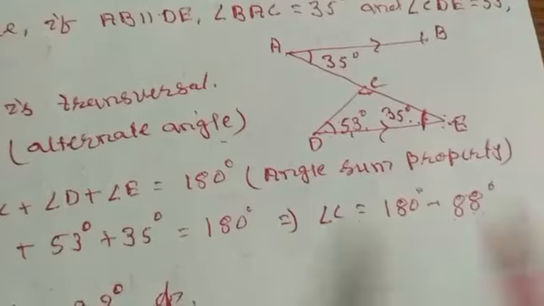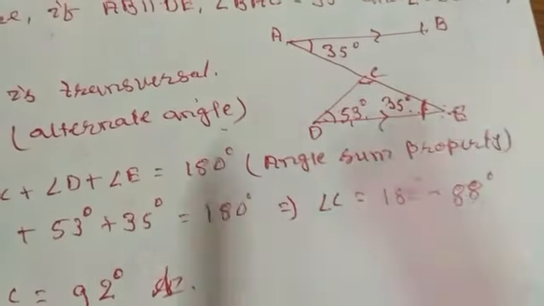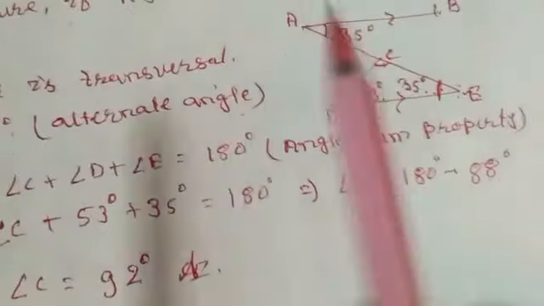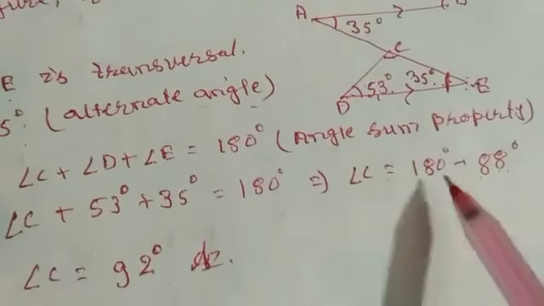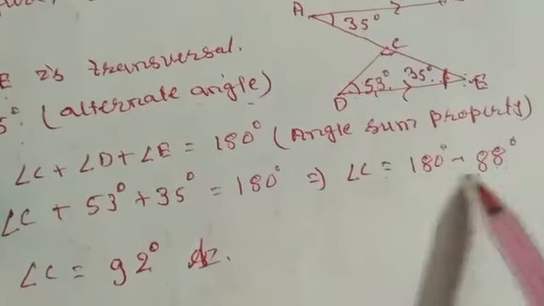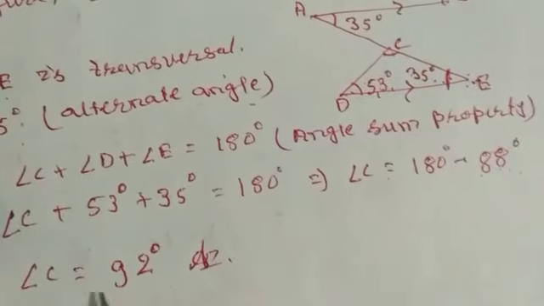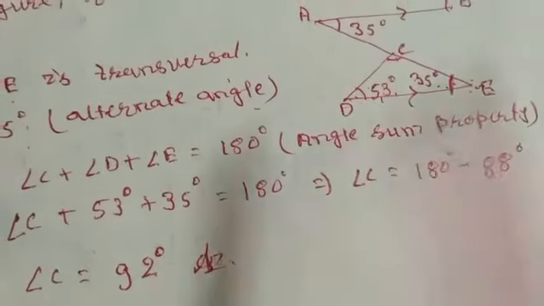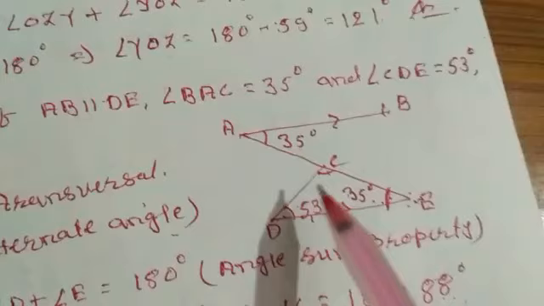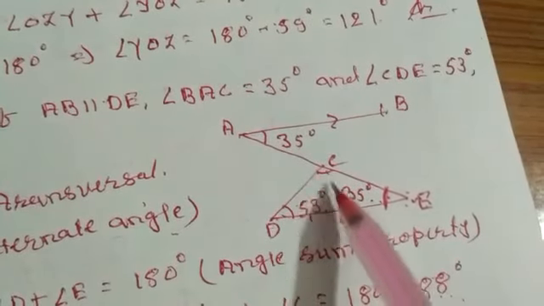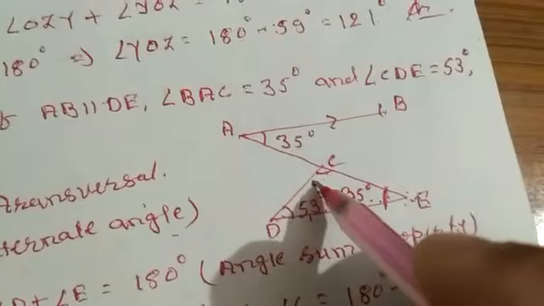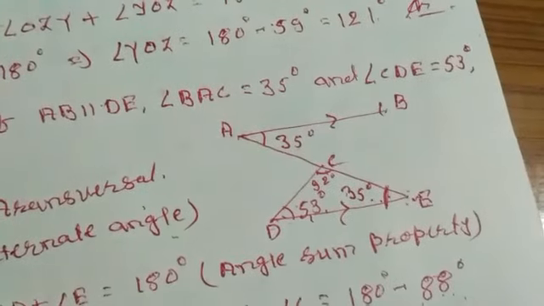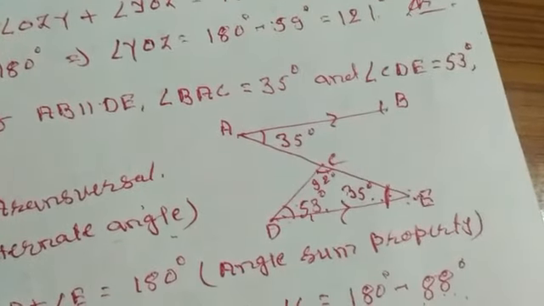So after subtracting it, angle C will be of 92 degree. When you subtract 180 degree minus 88 degree, you will get 92 degree. So this is the required solution of this question. Angle C will become 92 degree. This is the required solution.